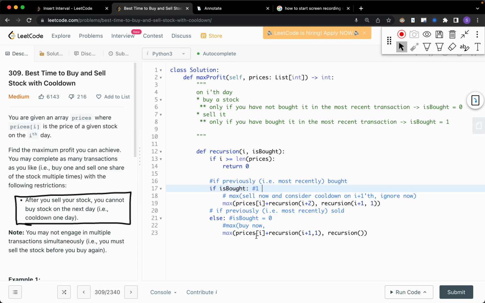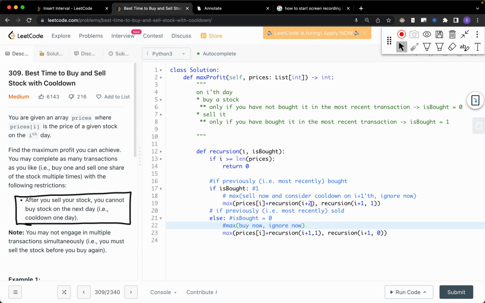So in that case, we consider the price of I plus recursion of I plus 1 comma 1, and recursion of I plus 1 comma 0. We can either buy now, or else we cannot buy now, and we can recurse on I plus 1 without buying it now. So ignore the current day. This is the option we have in the else case, right?